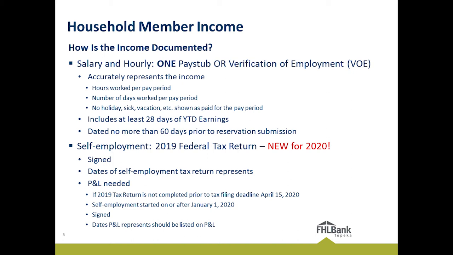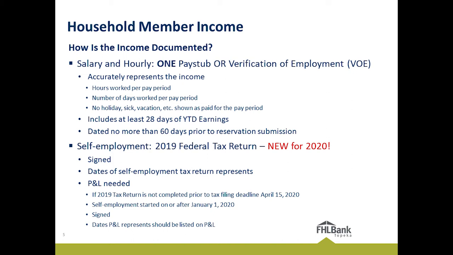Do not provide W-2s or tax returns for salary or hourly household members. For self-employed household members, we have updated our income documentation guidelines to make them easier. If the homebuyer was self-employed during 2019, provide the signed 2019 tax return along with the dates of self-employment that the tax return represents.